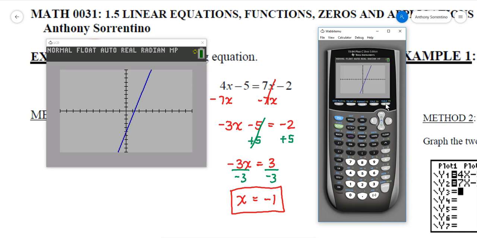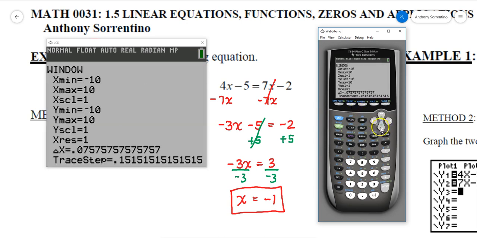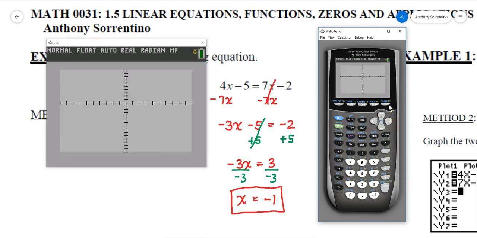So there's the 4x minus 5, and there is the 7x minus 2. And maybe let the y minimum go down a bit more. Let's make that a negative 15, just so we can see the intersection better.